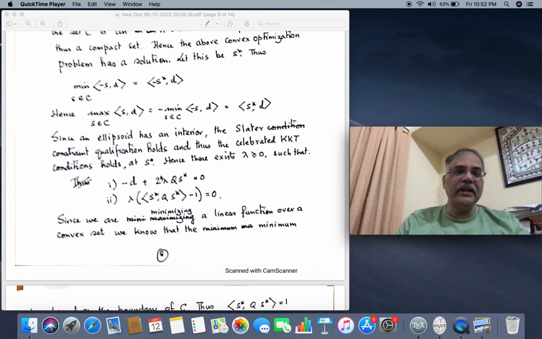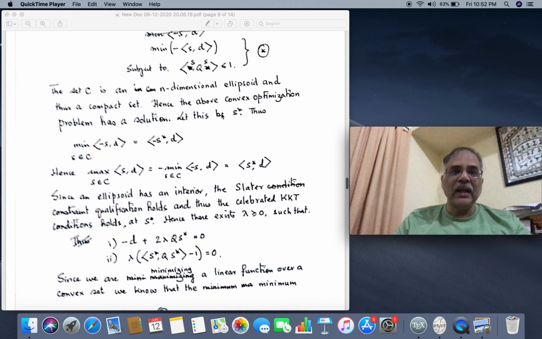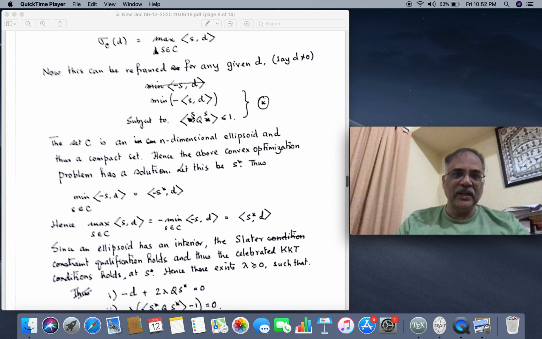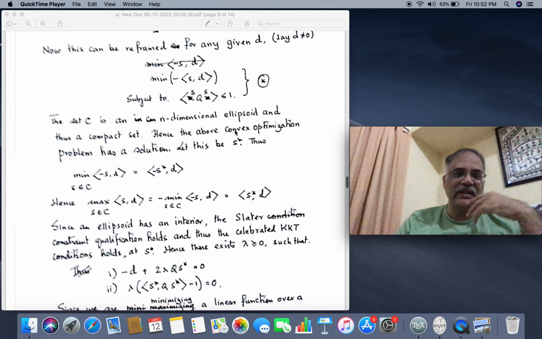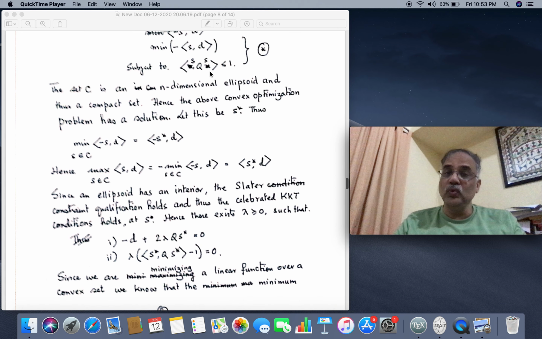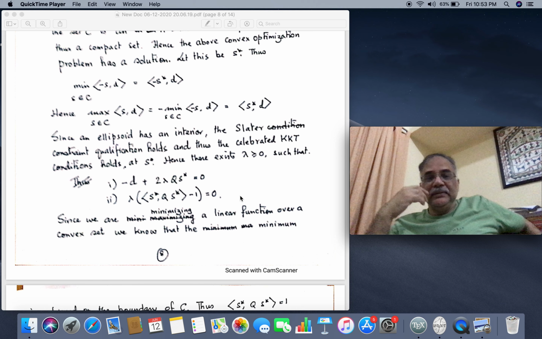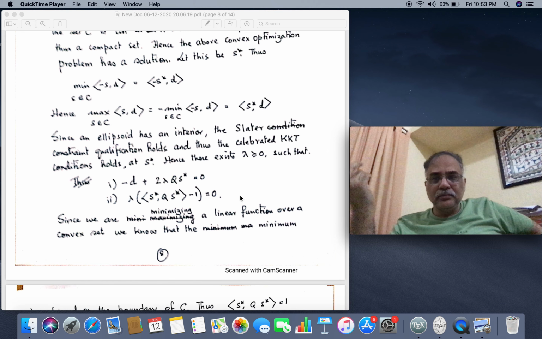First we take the gradient of this function, which is minus d, and then the gradient of the constraint s^T Q s minus 1 less than or equal to 0. That will give you minus d plus 2 lambda Q s star equal to 0, because the gradient of this function is 2Qs. And lambda times (s star^T Q s star minus 1) is equal to 0. So this is called the complementary slackness condition.